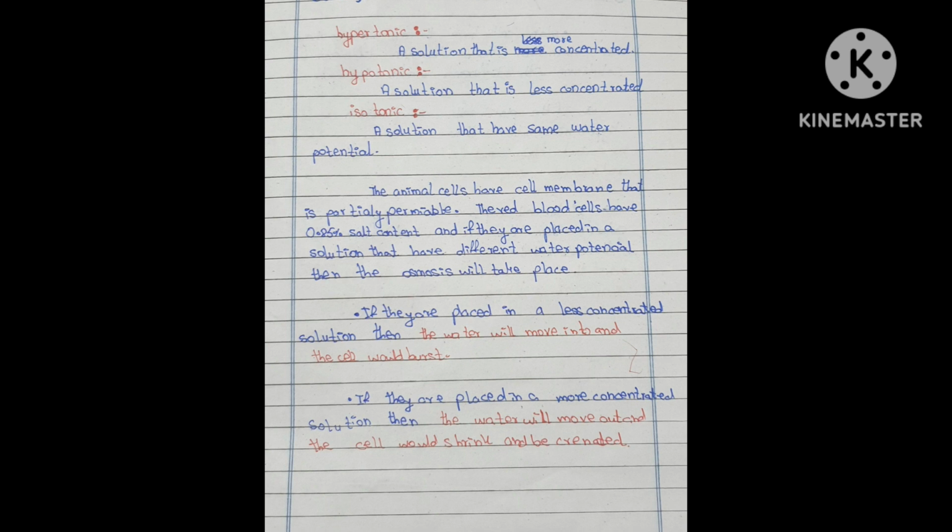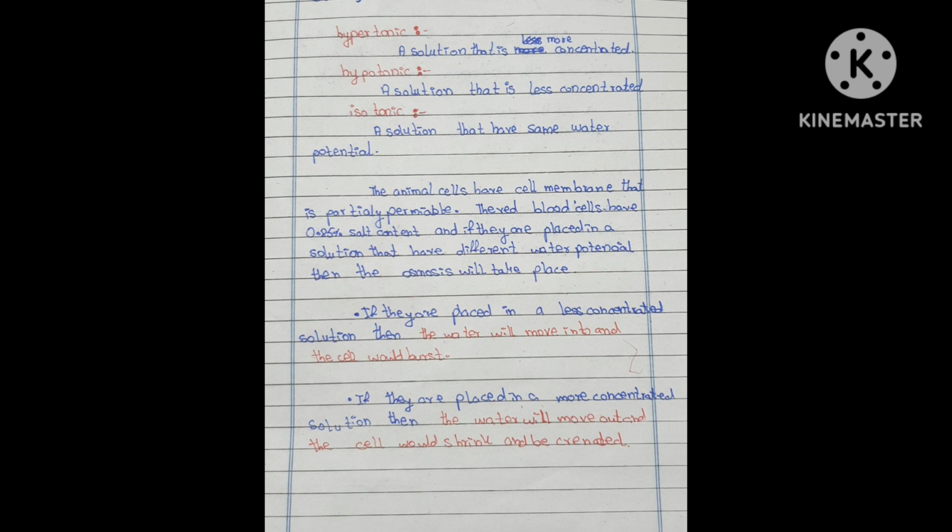Don't confuse hypertonic with hypotonic. Hypotonic means a solution that is less concentrated, having more solvent or water compared to the solute. And an isotonic solution means a solution having exactly or nearly the same water potential as the animal cell we're talking about, or it can also be referred to the plant cell.